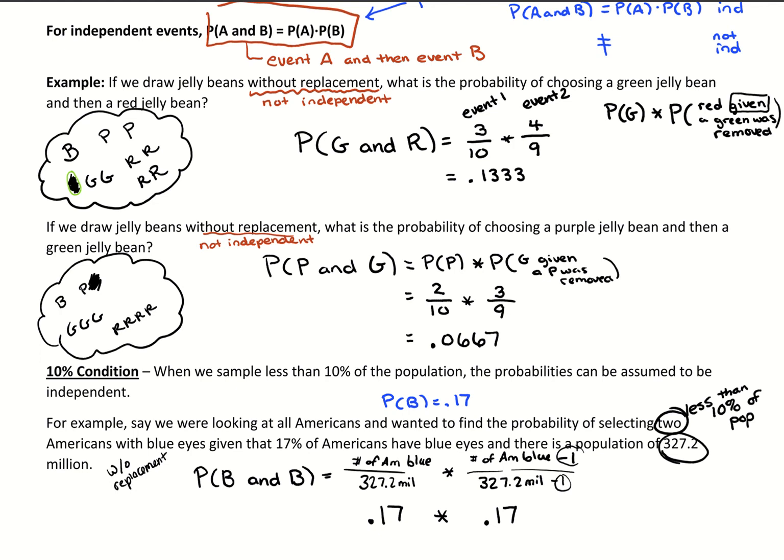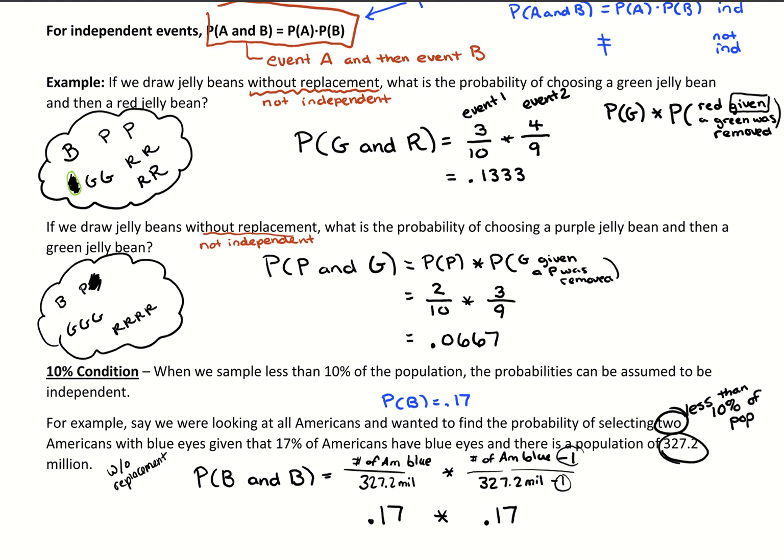So it's this concept that if we're sampling just a small portion of something very large, and we can use this 10% as the cutoff, then really this taking away of 1 from the numerator and denominator isn't going to change things.